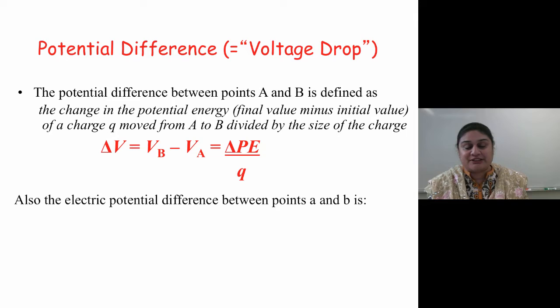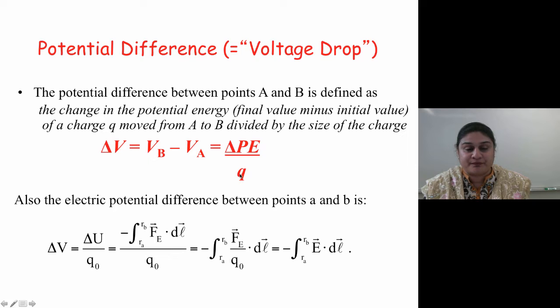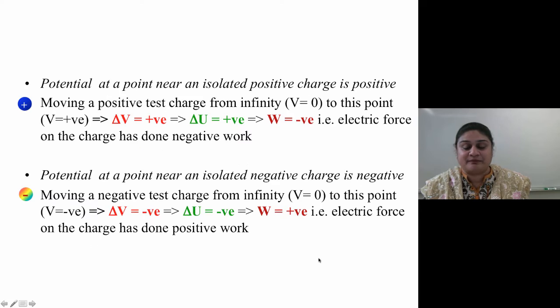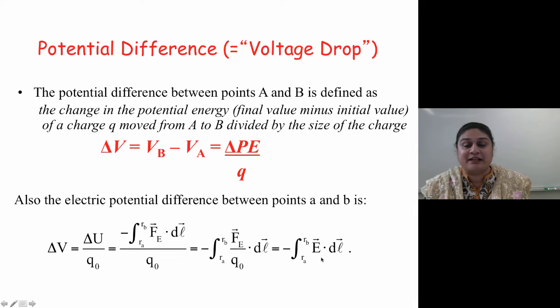So delta V equals the change in potential energy divided by Q. Another way of defining it is delta V equals delta U over Q naught, which equals the integral of F dot dl divided by Q naught, or E dot dl. We will talk about this in a little bit.